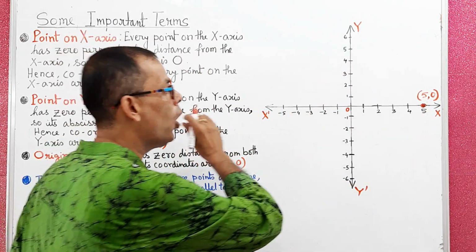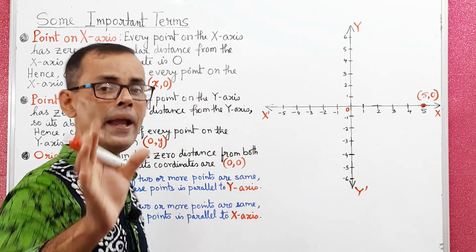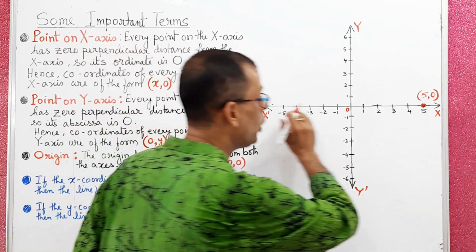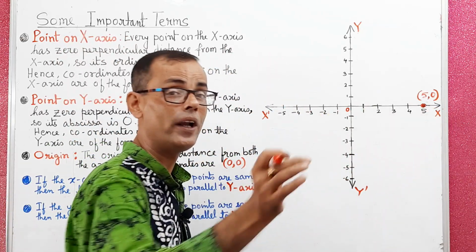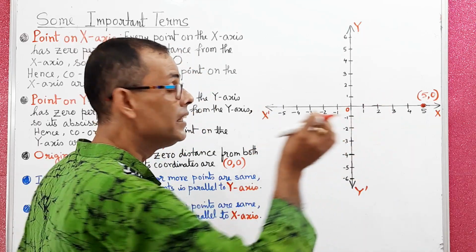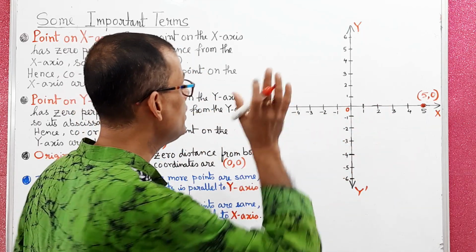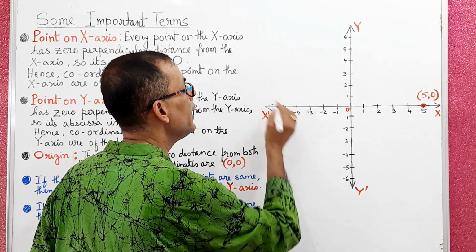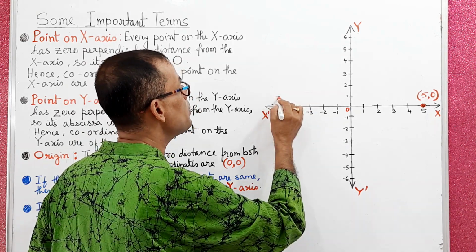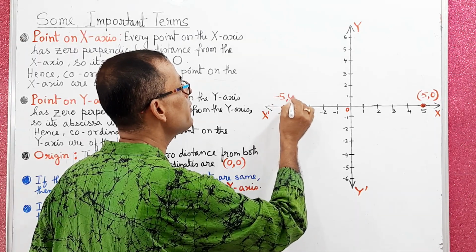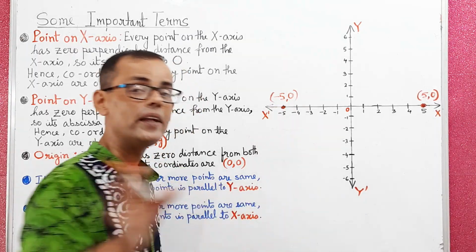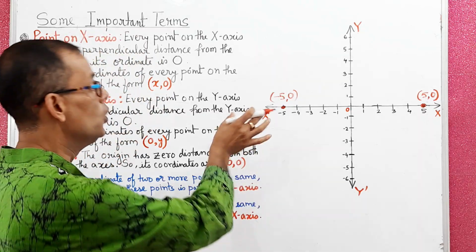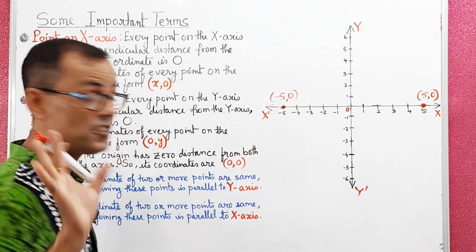The main thing is that for any point lying on the x-axis, the ordinate value will be 0. If you take a point here, the x coordinate will be -5, but the ordinate value will be 0. That is, the y coordinate value will be 0. I hope you have understood the first concept.